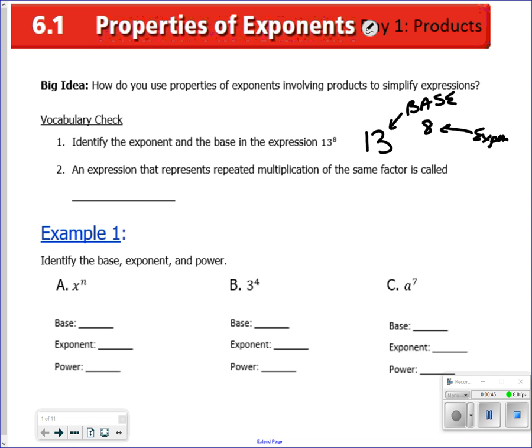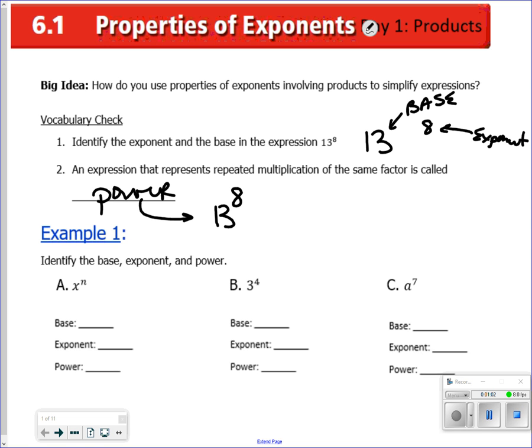It's the small number. Now, when you put it all together, the expression that represents repeated multiplication of the same factor is called a power. So 13 raised to the 8th together is referred to as the power.